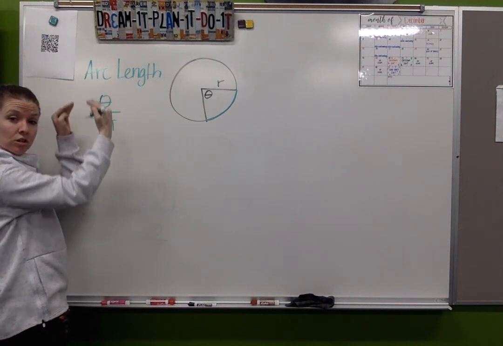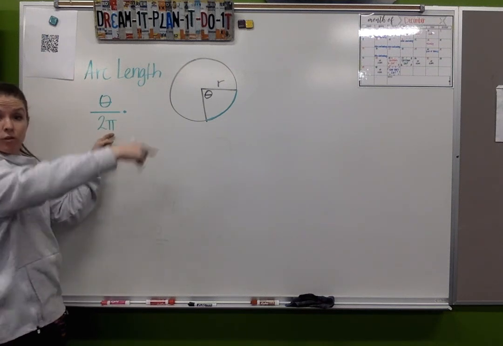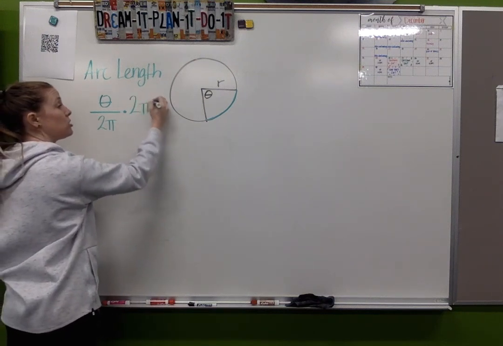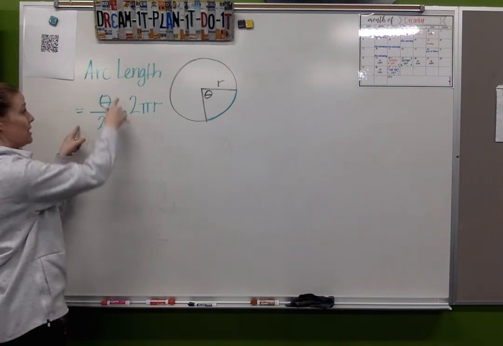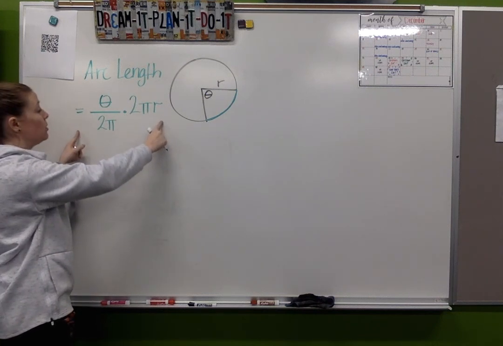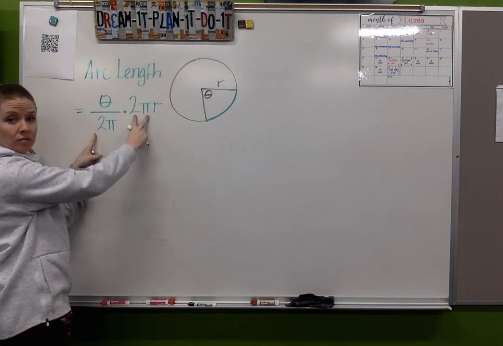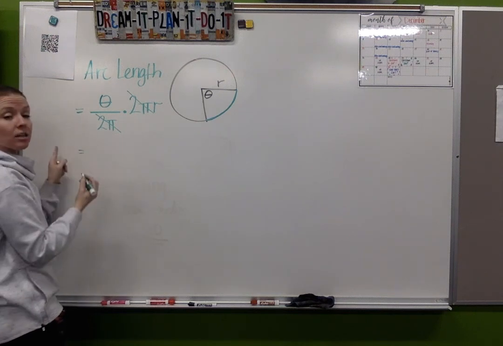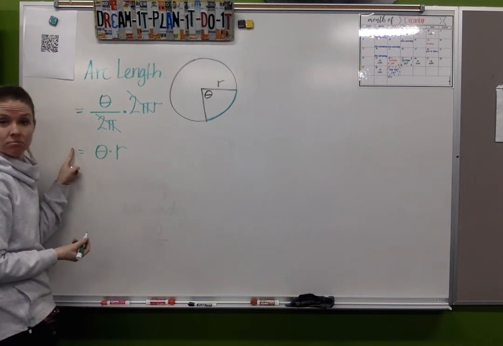That's the fraction of the circle we're looking at, and we're going to multiply it. 2 pi is the full circle, 360. We're going to multiply it by the circumference formula, which is 2 pi r. This is the fraction of the total circumference. But we have a 2 pi in the denominator and a 2 pi in the numerator. Those will reduce to 1, and our arc length formula is theta times radius.